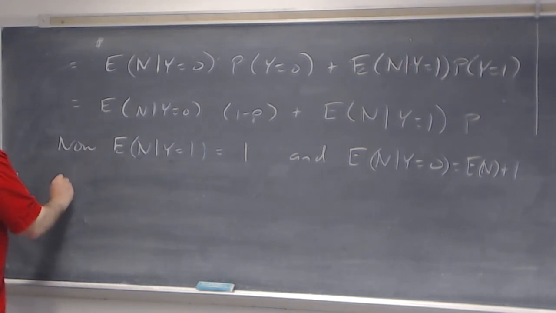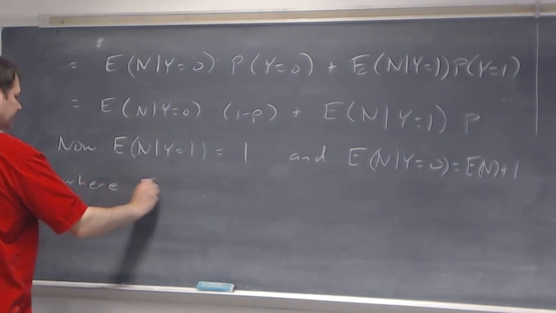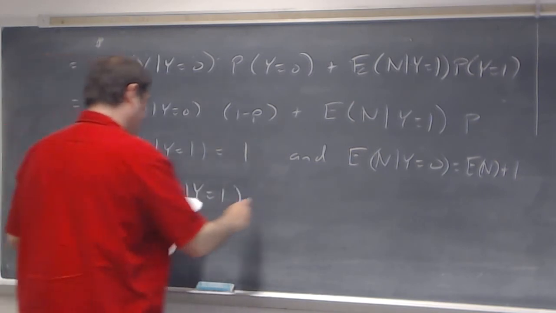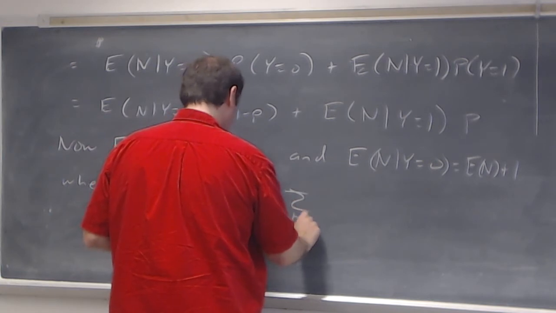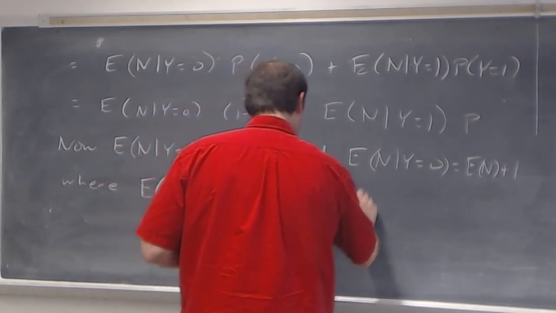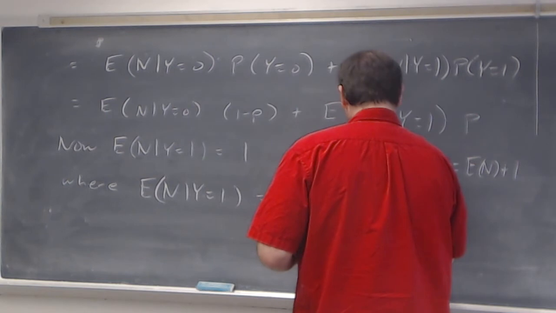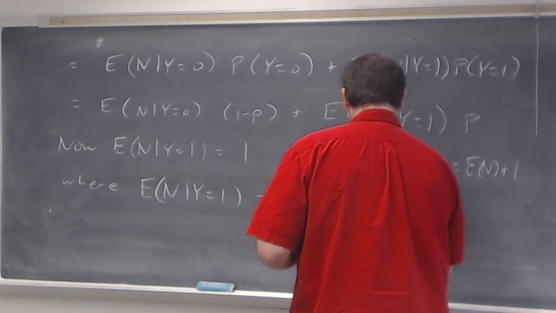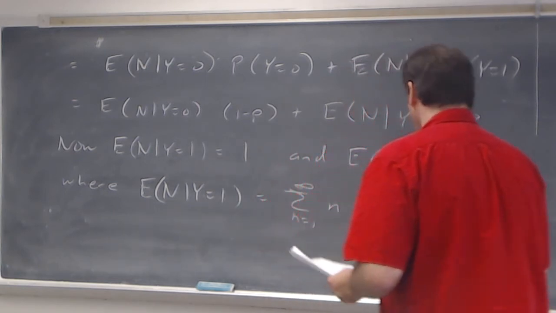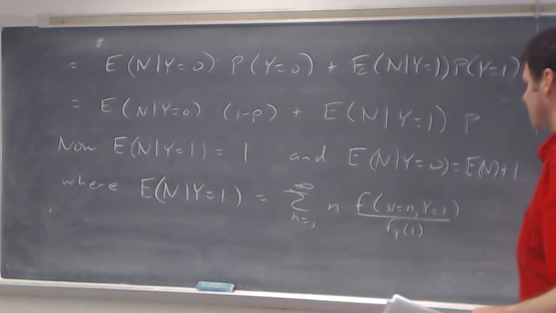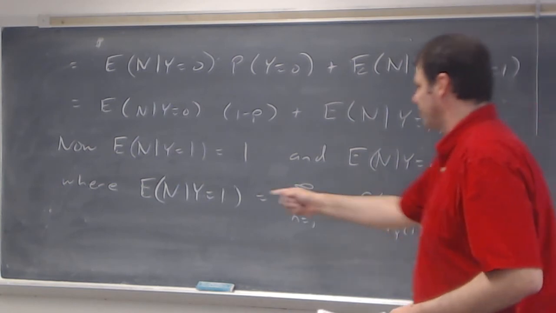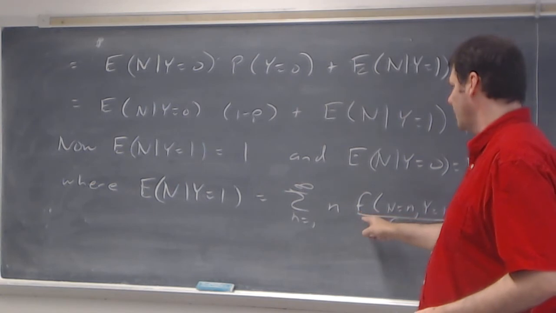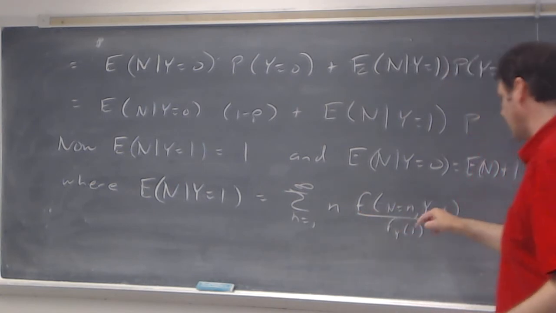So, and this one too, where the expected value of N given Y equal to 1, we'll look at this first. We know that the answer is 1. But that is the sum as n runs from 1 to infinity of n times f of n equal to n and Y equal to 1, over f sub Y of 1. I'm just going to verify this with our mathematical definition for the conditional expected value, which was n times the f of n given Y, which I can rewrite in this form.